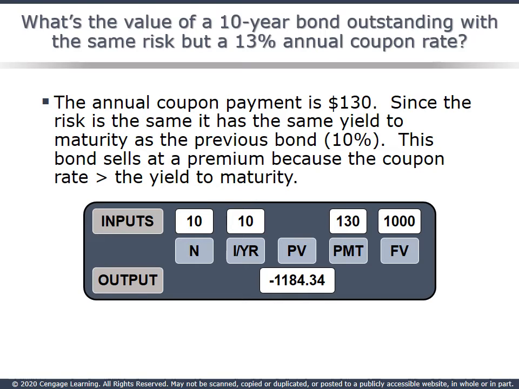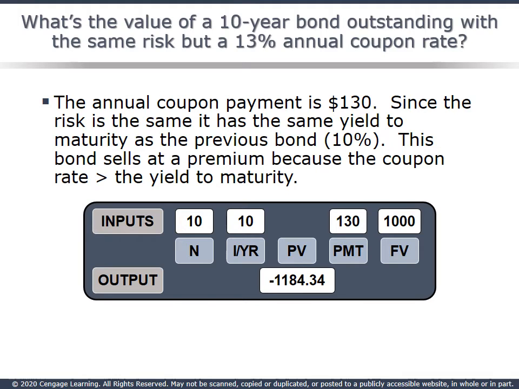By knowing our bond pricing rules, we know in advance that this will be a premium bond. Why do I know that? Because the coupon rate is greater than the yield to maturity. What's the rationale here? Well, this bond is paying its investors 13%.